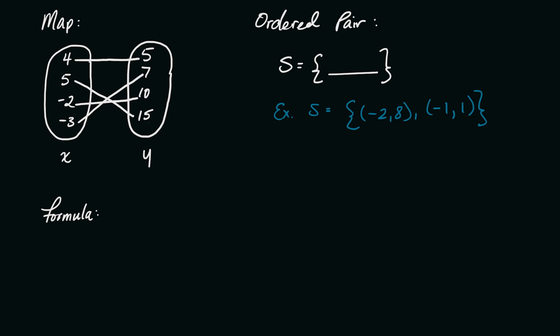It just means that f of x just means y. So it looks like this: f, parentheses, x, and closing parentheses. Now you say this as f of x. It could also be g of x. We use it to signify the different functions that we have.